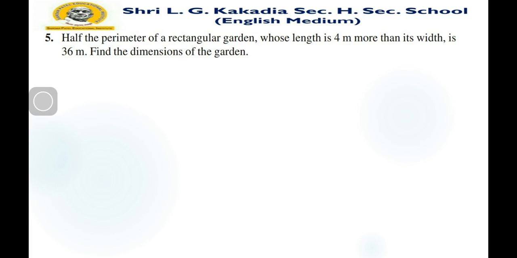Example number 5. Half the perimeter of a rectangular garden, whose length is 4 meters more than its width, is 36 meters. Means its half perimeter is 36 meters. Find the dimensions of the garden. First we assume the unknown values, that is length and width.